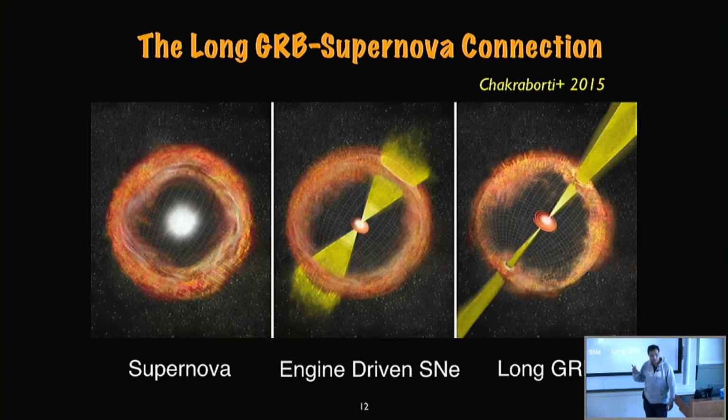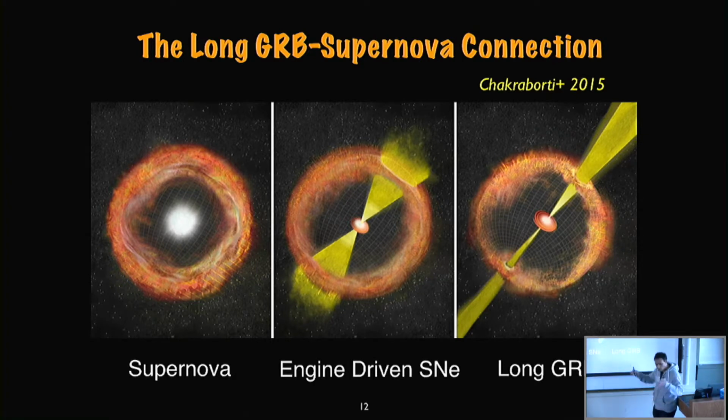Now let's move on to another result, which is the GRB supernova connection. The GRBs have a very nice, rich history of how they were discovered, but within a few years of the first GRB being detected, it was realized that these are also explosions of stars, extremely massive stars.